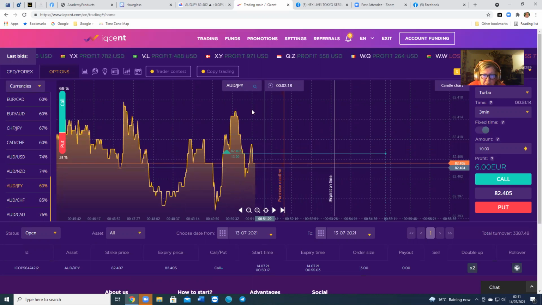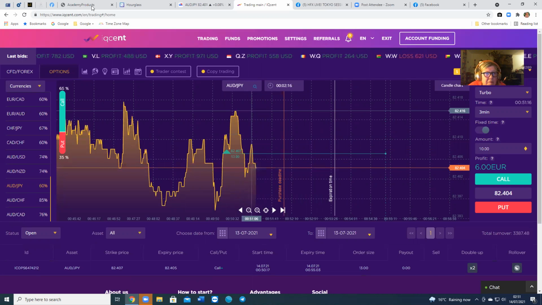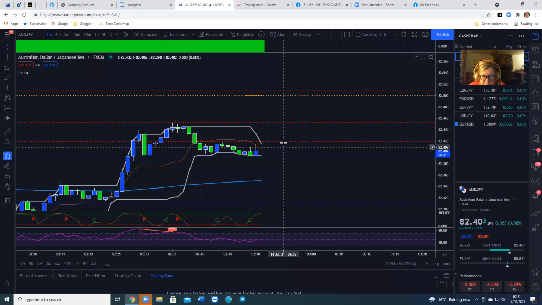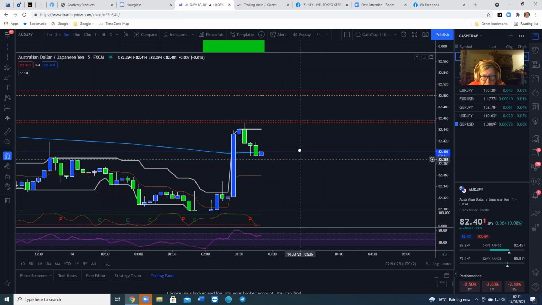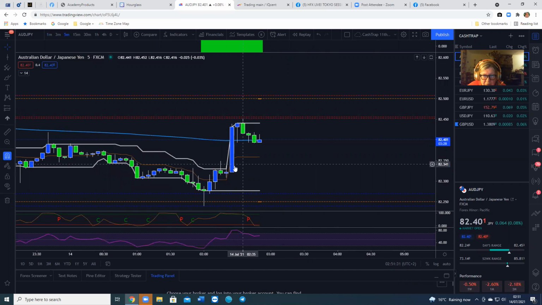So that should work its way up to the 416, 421 actually. Should come up to that 421. Let's have a look at the 5 minute. Well, that has got that big candle there. So that's now given it some imbalance.